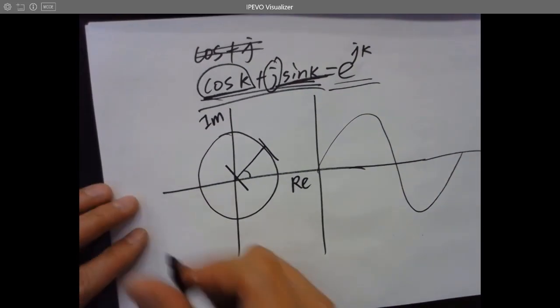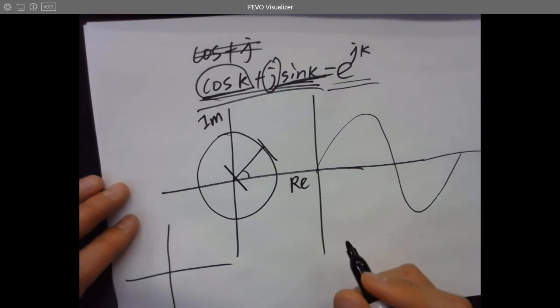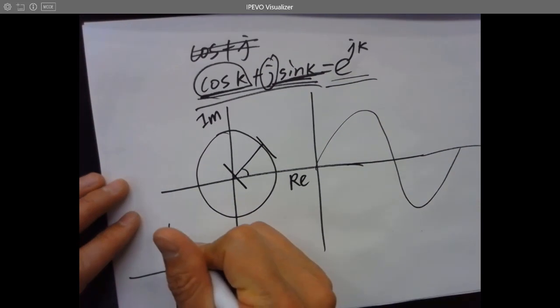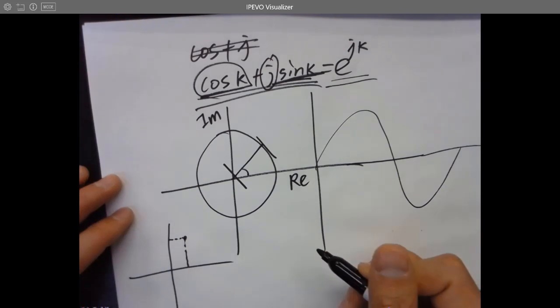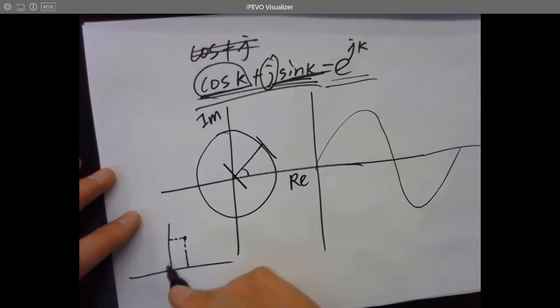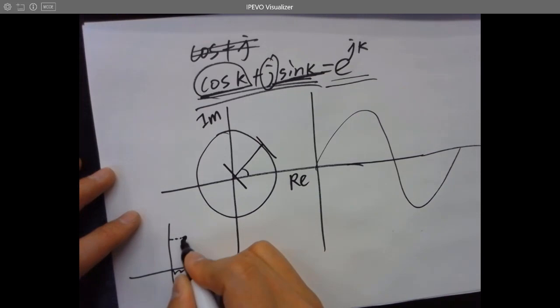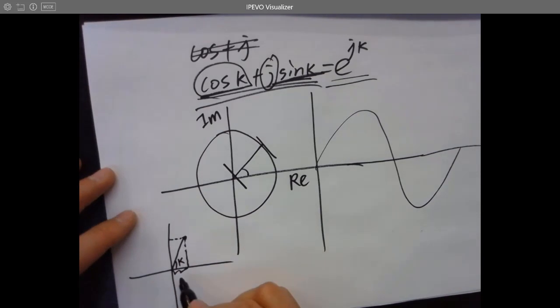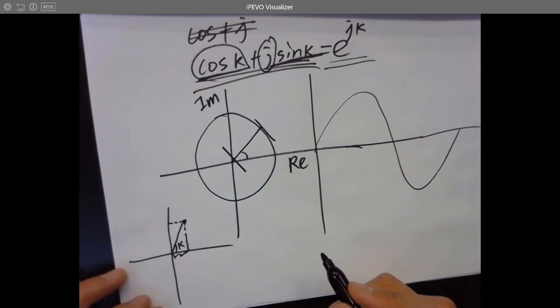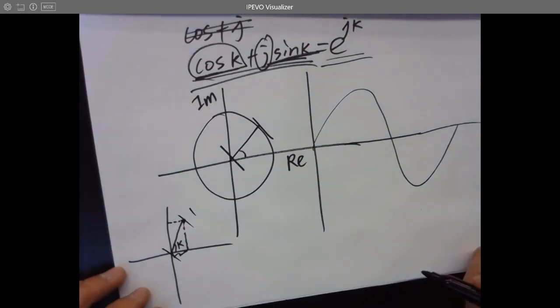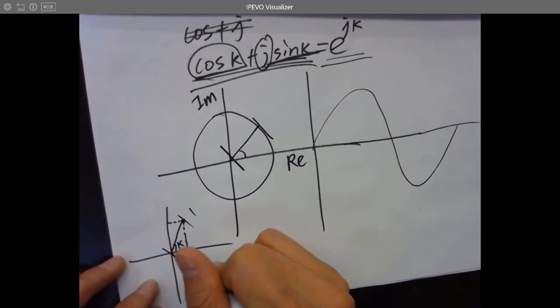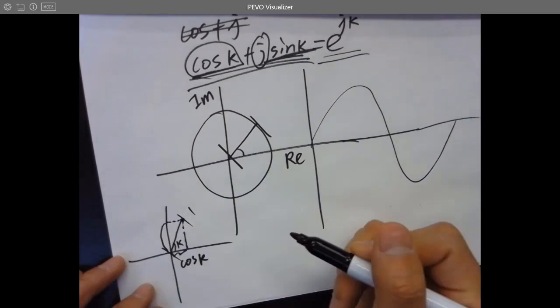If I don't draw the circle, it looks like a point, and you can project it to the two axes, right? So what's the length here? If I draw a bar, and this is k, and the length of the bar is 1, cosine k, what's the length here? Sine k.